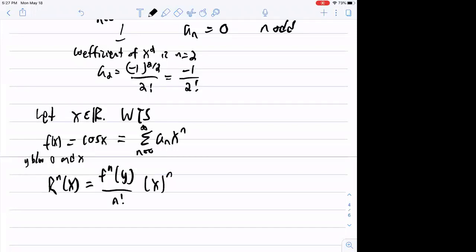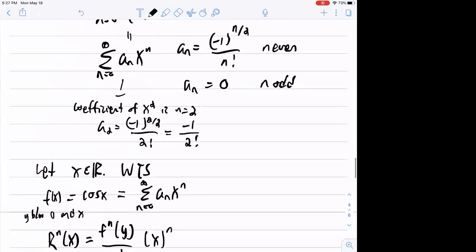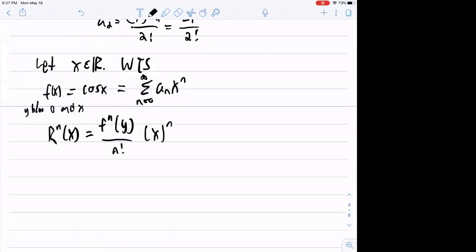Okay, but I don't care what the nth derivative is, because it depends on where we are. It could be sine, it could be cosine, but I know it's bounded by 1. So this is bounded by that, and this goes to 0, right? I mean, x is just a number. Again, exponential loses to factorial growth.